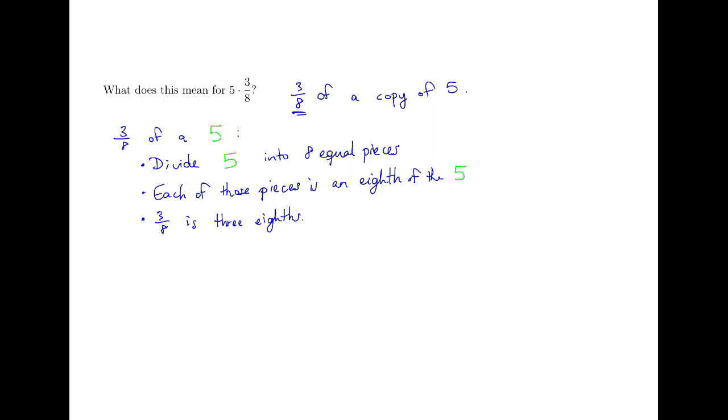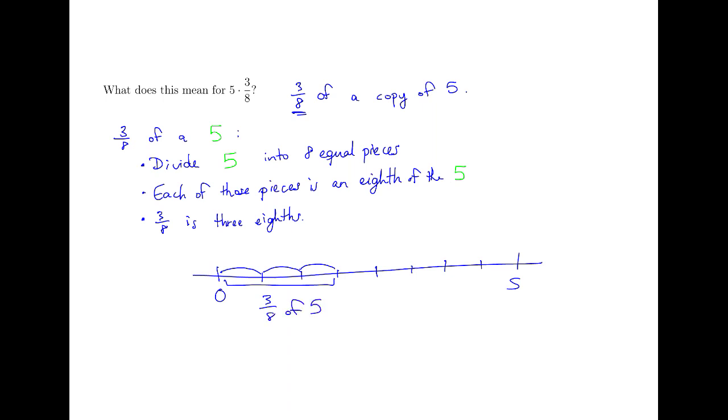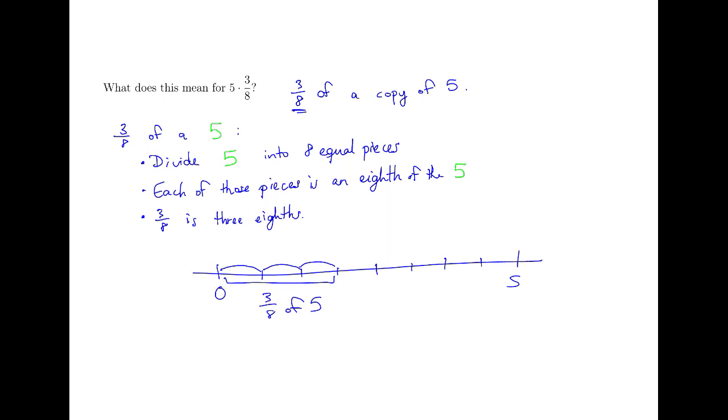Okay, so again, it's taking from 0 to 5, dividing 5 into 8 equal pieces, and each of these is 1/8 of 5, and then there's 1, 2, 3/8 of 5. So this is 3/8 of 5, right?